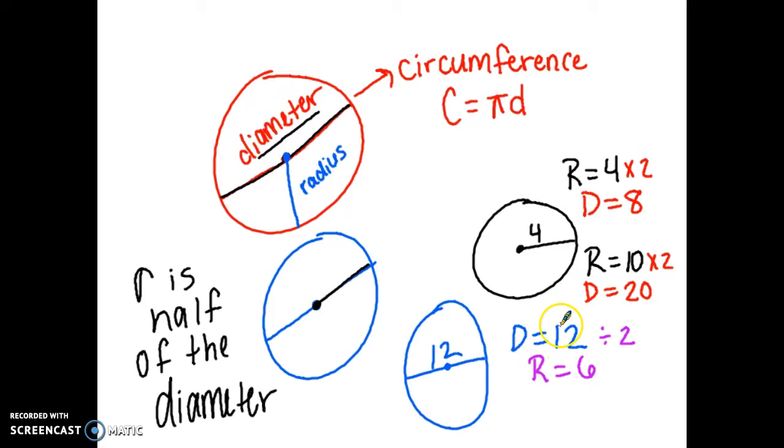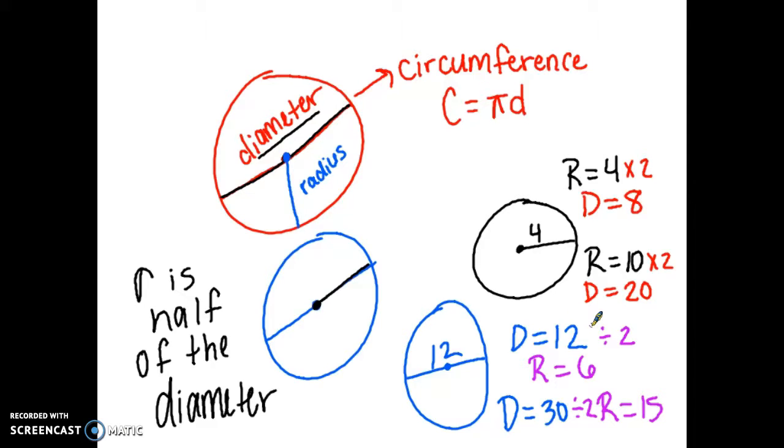I'm just showing you the relationship between diameter and radius. If the diameter is 30, then we would divide by 2 to get the radius is 15. So that's just showing you that diameter is twice the radius, and radius is half of the diameter. So that's the relationship between the two of those.